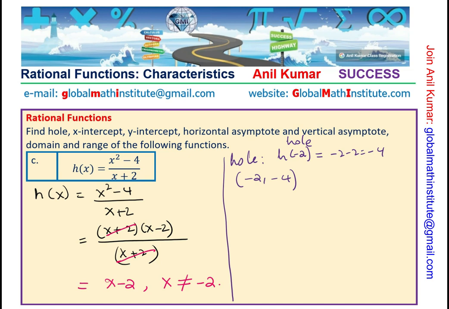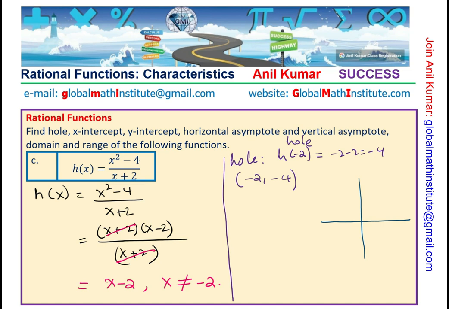It does not have any vertical asymptote since it is a straight line and there is nothing in the denominator. The factor cancelled, resulting in a hole, right? So x minus 2, I can always draw the function which will look like this with a discontinuity at minus 2, right?